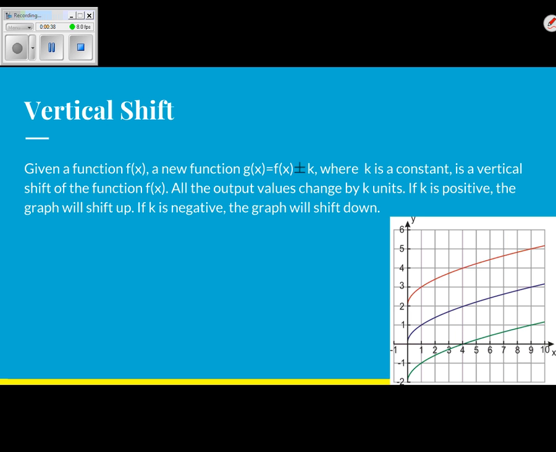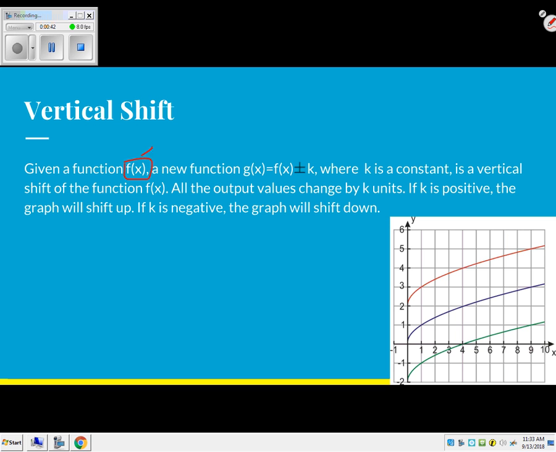So if we have a given function, and a lot of times when I talk about this given function right here, this is going to be my parent function from yesterday. I'm wanting to make a new function from it. And so today what we're going to do is either add k or subtract k outside the function.